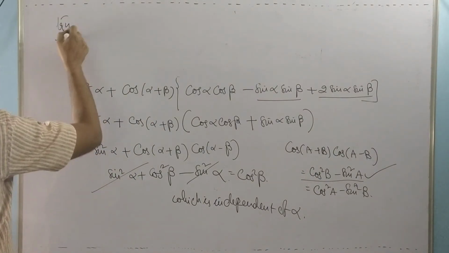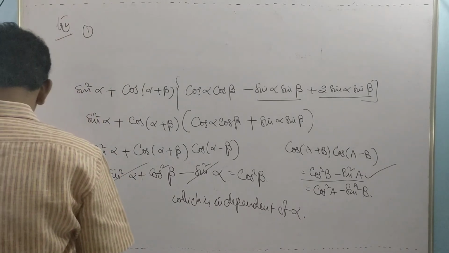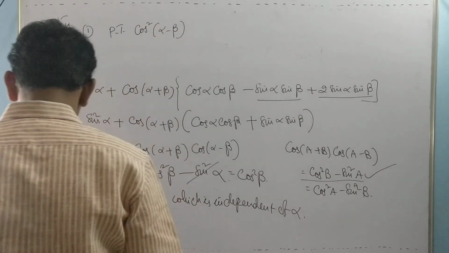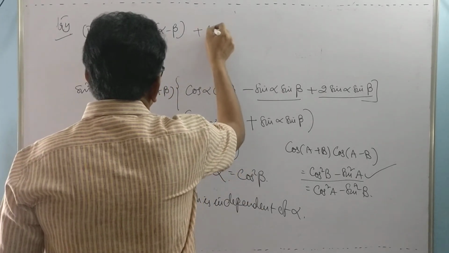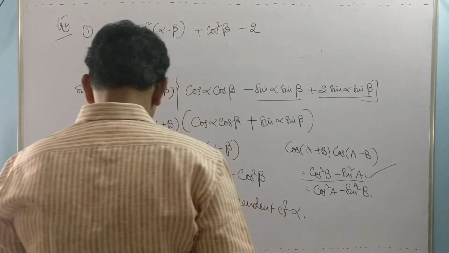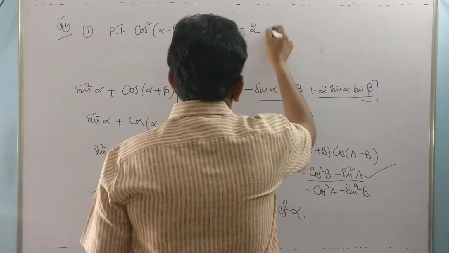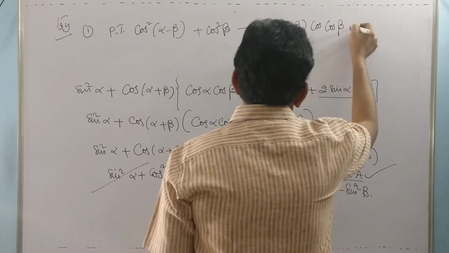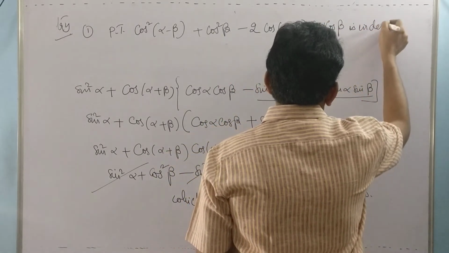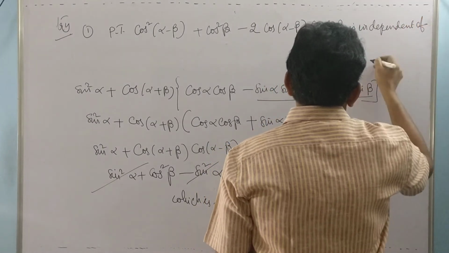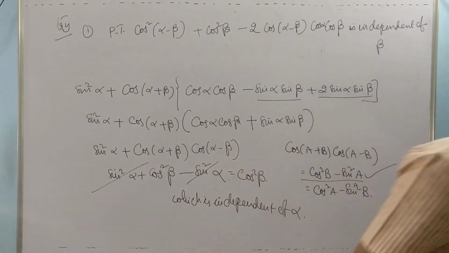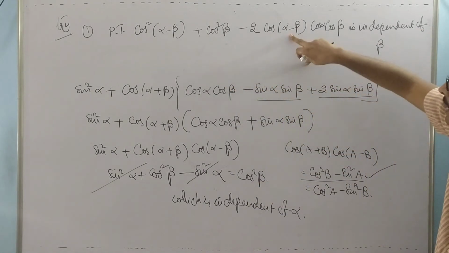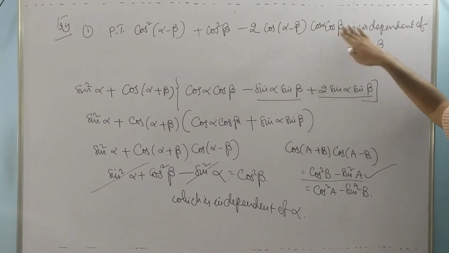Same model problem, just try yourself. Prove that cos²(α−β) + cos²β − 2cos(α−β)cosα cosβ is independent of β.